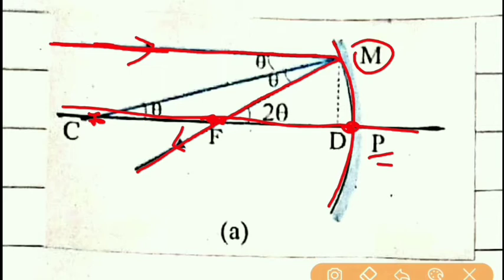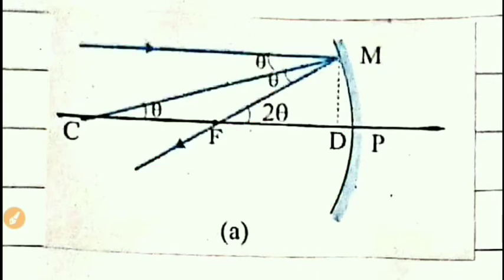Now where it is incident at that point, if we draw a normal, then this line is the normal, remember, and that normal will always pass through the center of curvature. So this line which passes through the center is actually the normal.